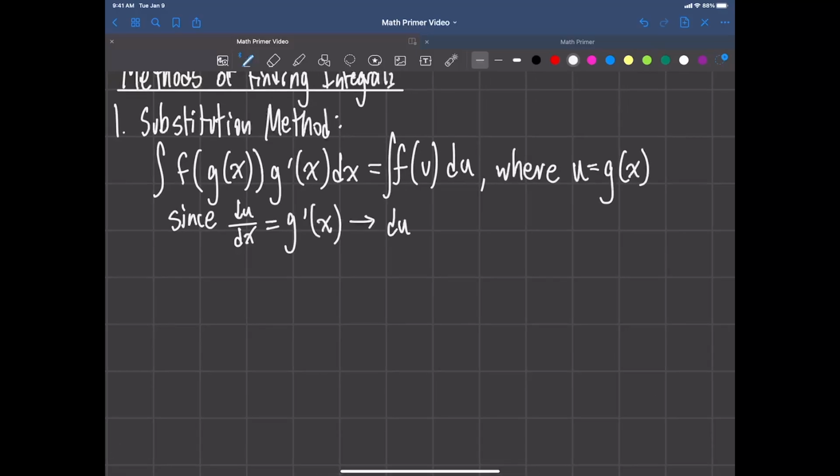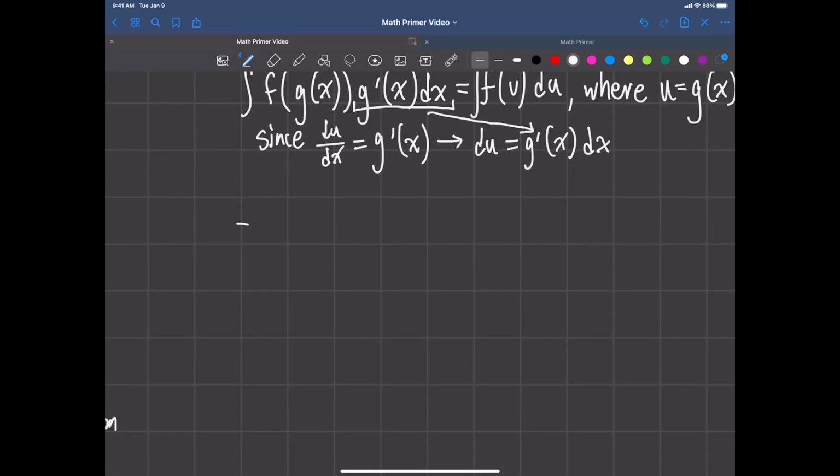So du is just g prime of x dx. And this is where we get it from. So this becomes du, and g of x becomes u, so f of g of x becomes f of u.